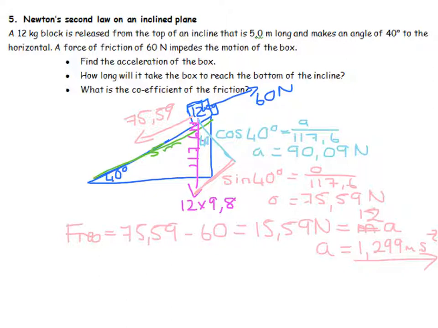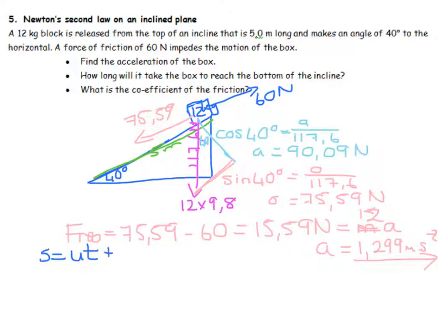The next part of the question asks, how long does it take for the box to reach the bottom of the incline? Now I need to look at equations of motion. I've got a distance, I've got an initial velocity, it starts off at rest, and I've worked out an acceleration.